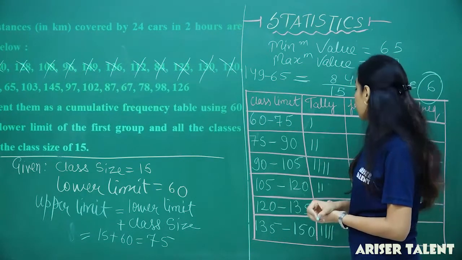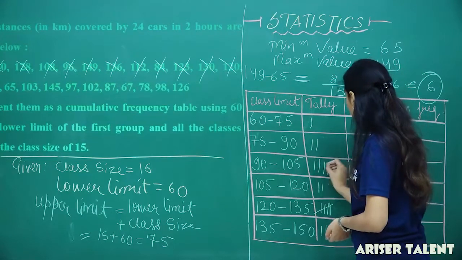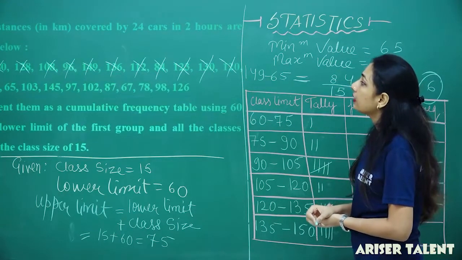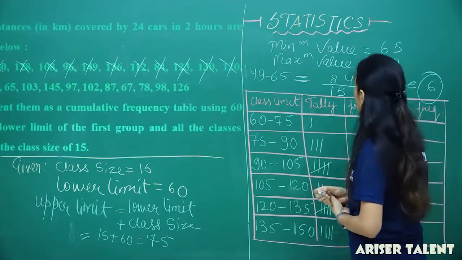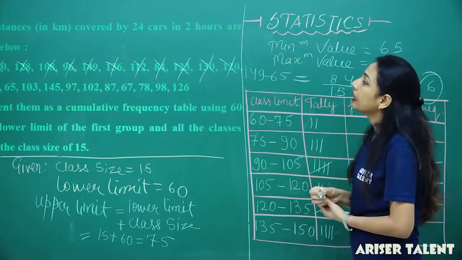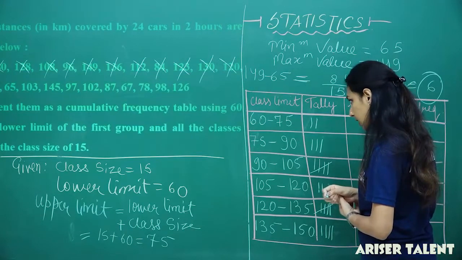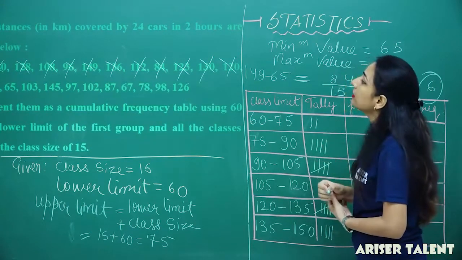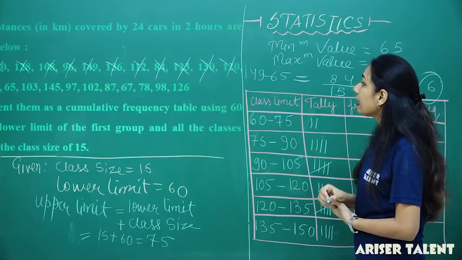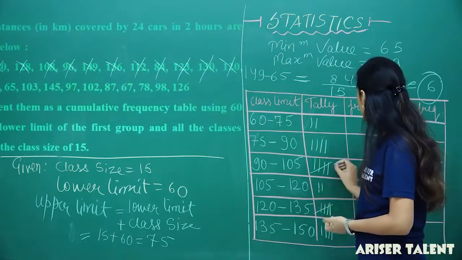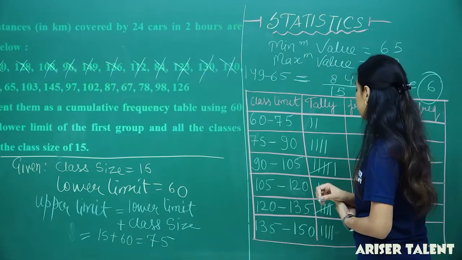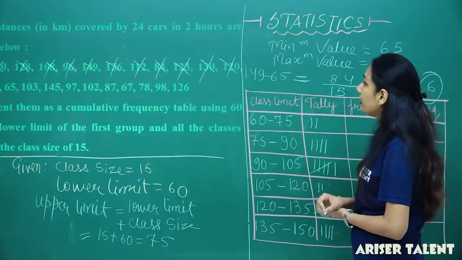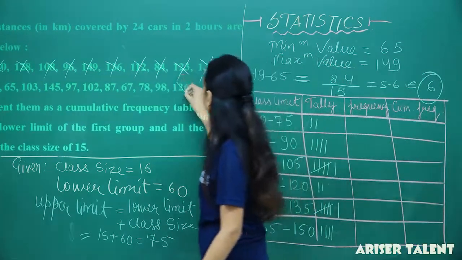Then 102, 102 again here, so we'll just cross it. Then 87 here, 67 is here. Then 78, 70 here, 78 here. Then 98 here. Then 126 here. We're done with all that. So just cross, cross, cross.